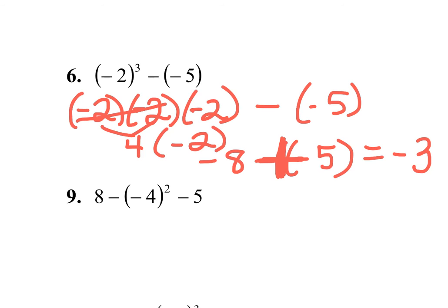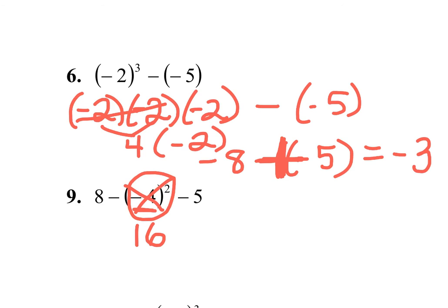In the next example here, problem number 9, we look at this problem and we say PEMDAS. We first look for parentheses. There's not any work that can be done inside the parentheses, so the next thing to do would be to deal with the exponent. We're going to raise negative 4 to the second power, so a negative times a negative will yield a positive 16.